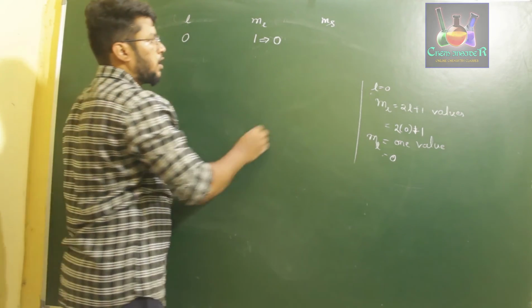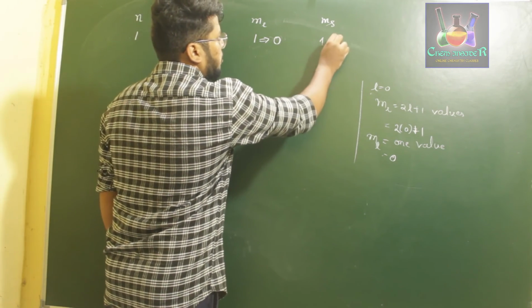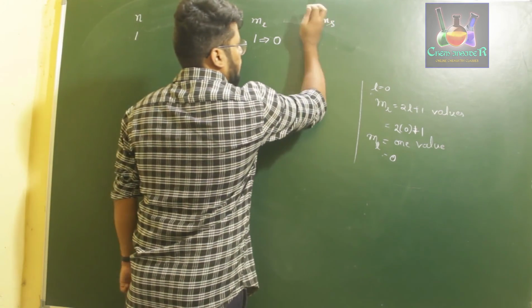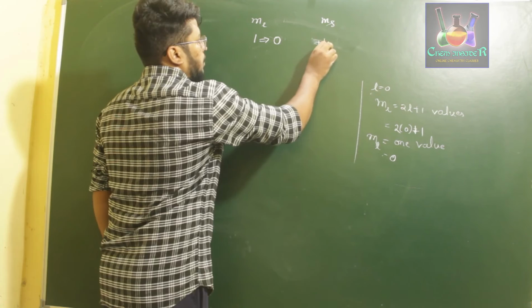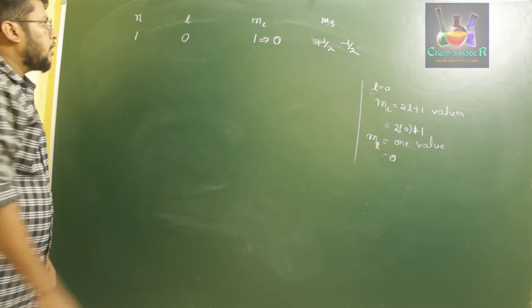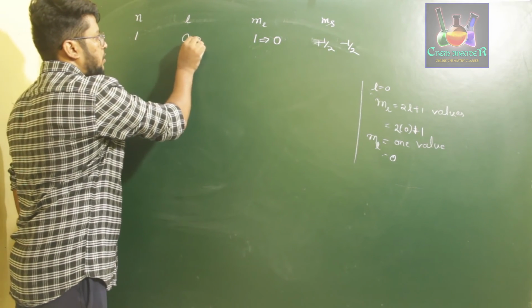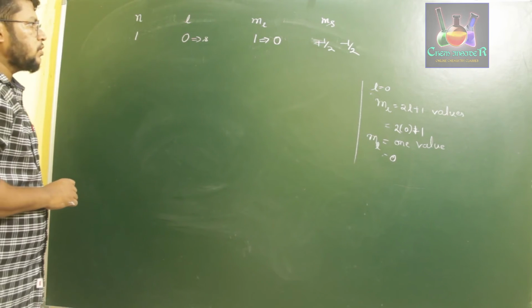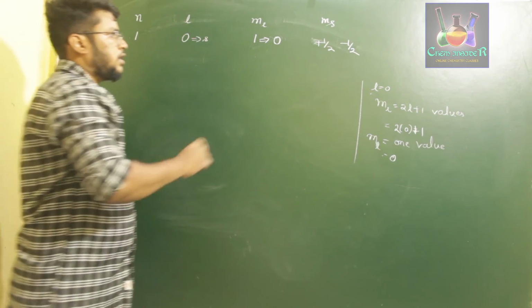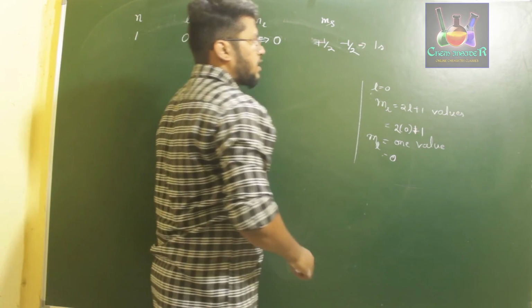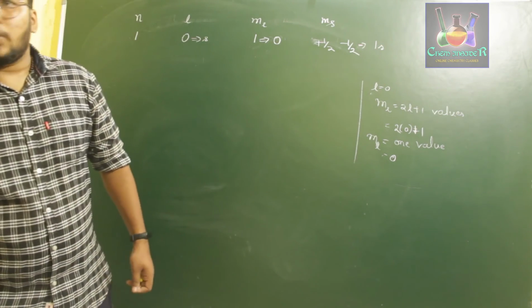Spin of this orbital will be one up spin, one down spin. Instead of writing up spin and down spin, we can write plus 1/2, minus 1/2. If l is equal to 0, this belongs to the s subshell. So the resultant orbital will be 1s.